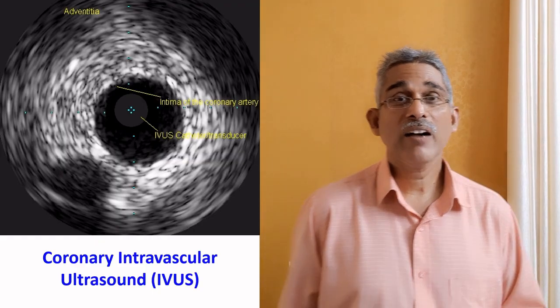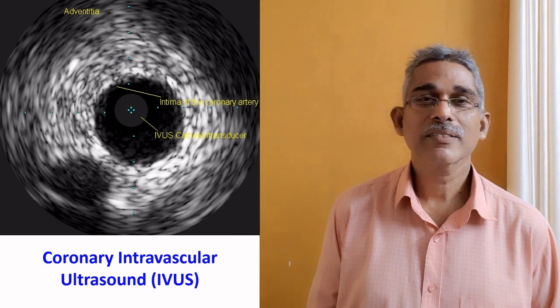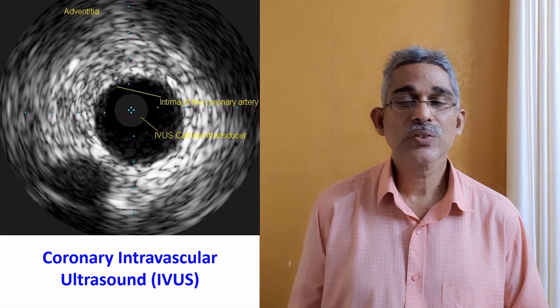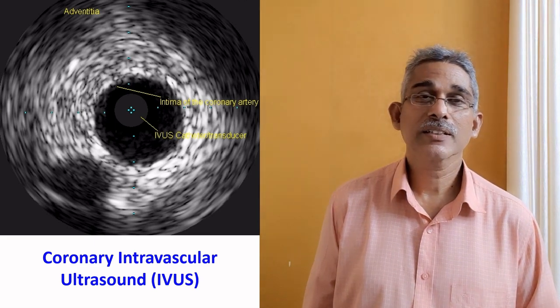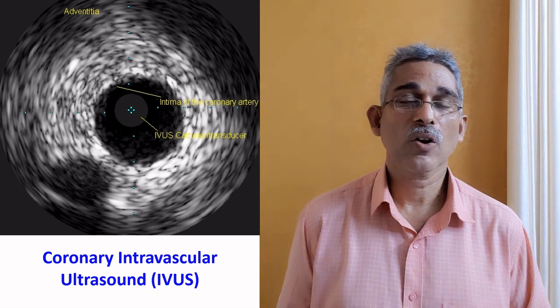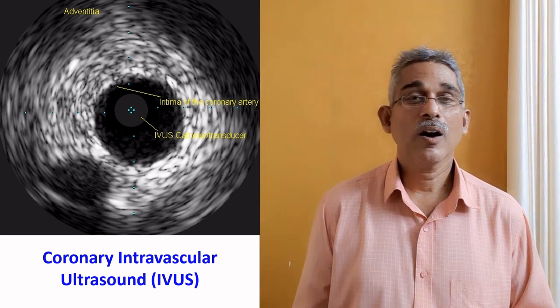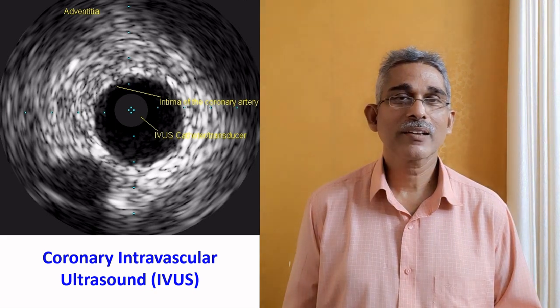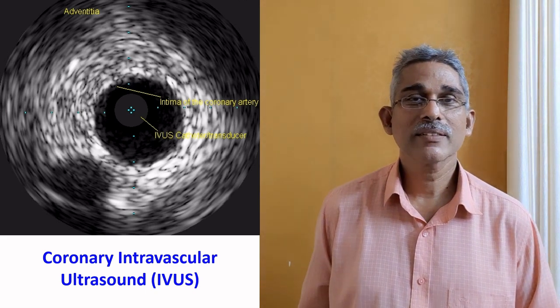A similar advancement is intracoronary ultrasound. Catheters the size of a coronary catheter can be introduced into the coronary artery to image the structures of the coronary plaque and coronary arterial wall, stents, dissection, all from within the coronary lumen. That is known as intravascular ultrasound, or intracoronary ultrasound. A similar one is a Doppler wire.